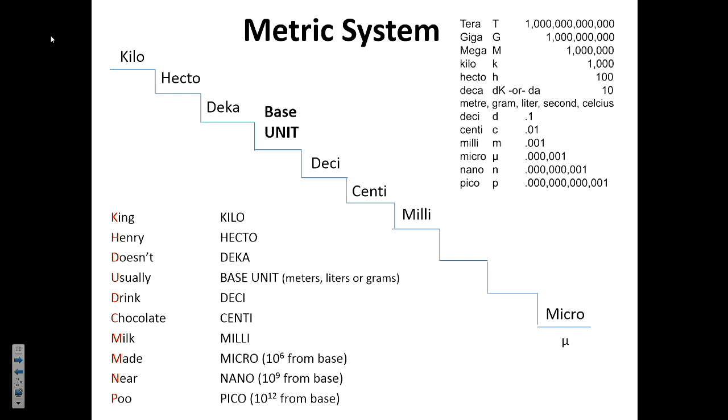All right? And what you see at the bottom of this slide is kind of a statement. It's usually taught with a little statement that helps you remember the order of how these go, and that's going to be really important. You want to make sure that you see how these are sequenced in that kind of staircase, with your base unit in bold, kind of centralized. When we look at this figure, the kilo is 3 places away from the base, and the micro is 6 places away from the base.